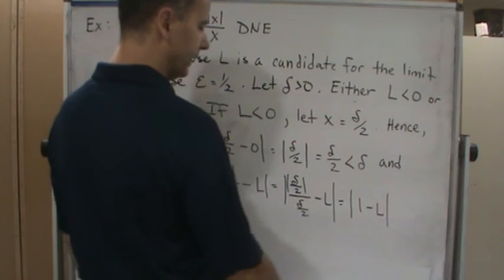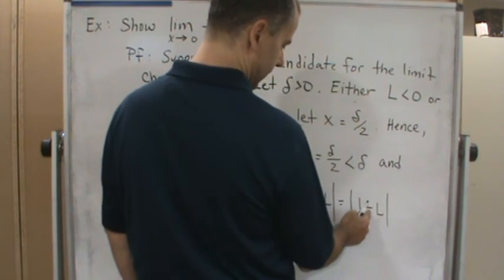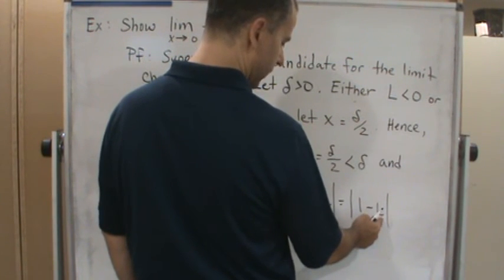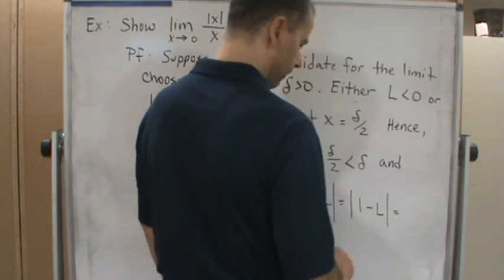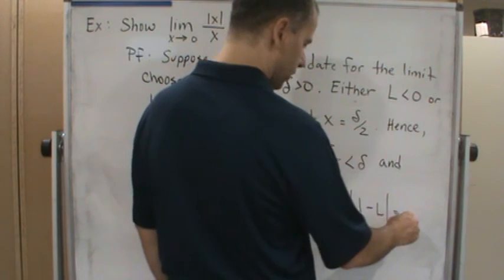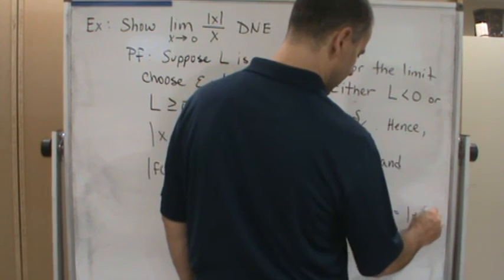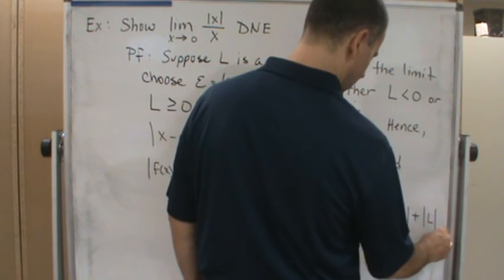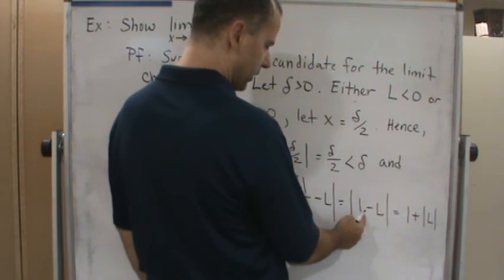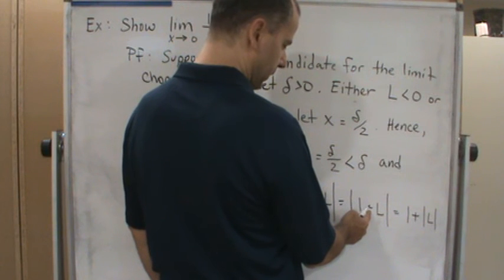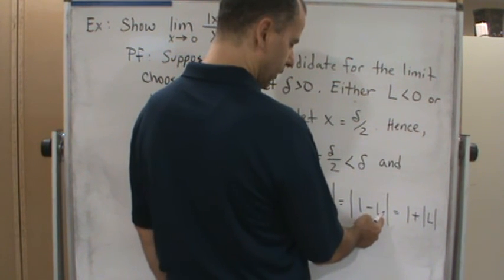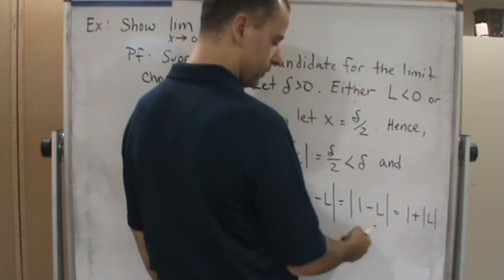Now, since L is negative, we're taking the subtraction of a negative number. So to show that mathematically, we're going to actually write this as 1 plus the absolute value of L, because this is turning into a summation. It's becoming a plus negative, but this is already negative, so the negatives cancel each other out.